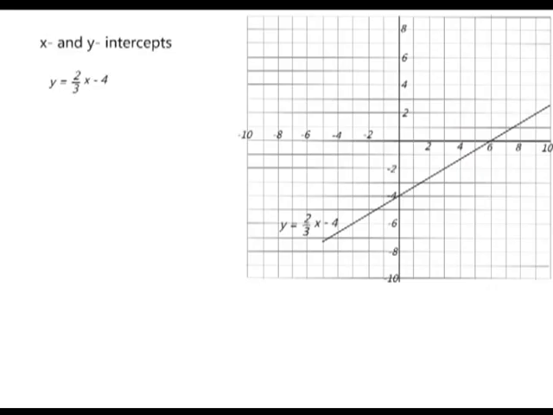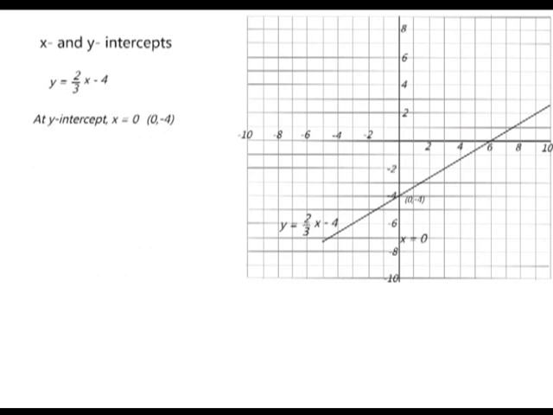The important thing to remember is that the equation of the y-axis is x is equal to 0. And so where the graph meets the y-axis, or the y-intercept, the value of x is 0. For instance, on our line, the y-intercept is at point (0, -4), and you see the coordinate of x is 0.